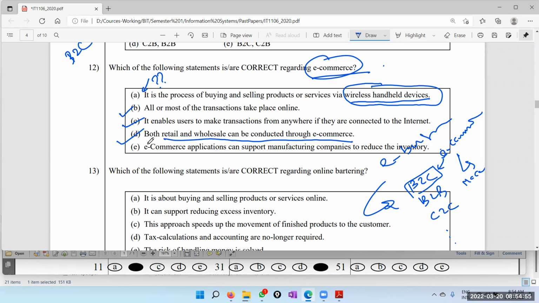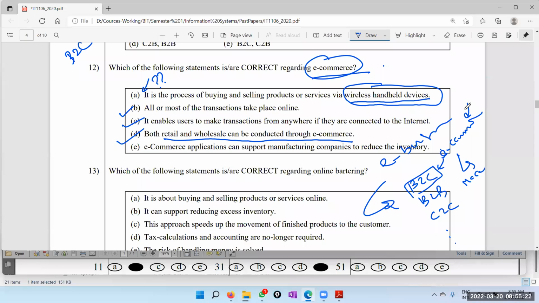Yes. E-commerce applications can support manufacturing companies to reduce inventory. So that is also correct. Why? When we have e-commerce, we are selling online, so people buy directly from the manufacturer. Then you don't have to keep stock in stores, with retailers, wholesalers, etc. You manufacture, you ship it to the customer.